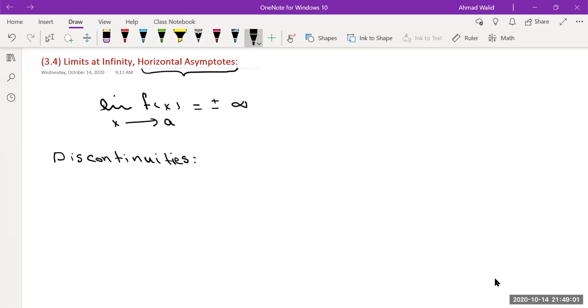Remember, if you have a function, for example, f of x equals x minus 3 over x squared minus 9, there is a discontinuity in this function, correct?